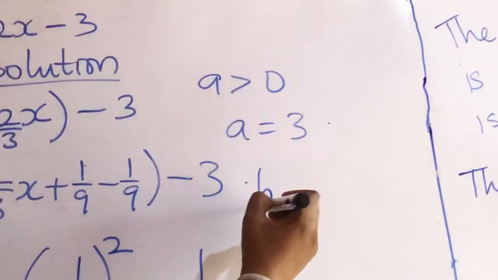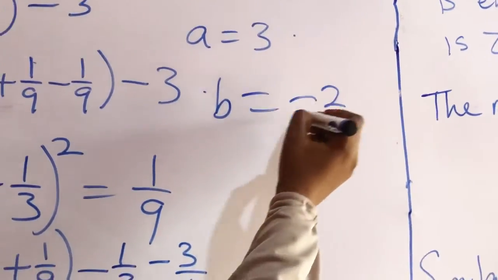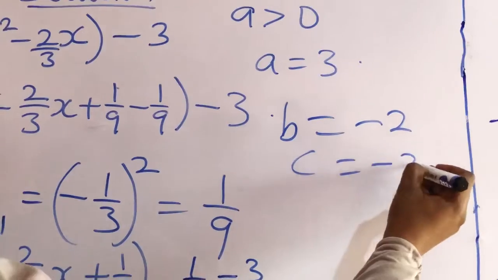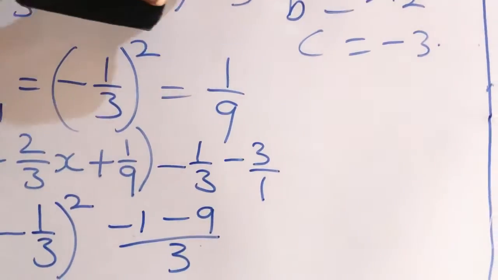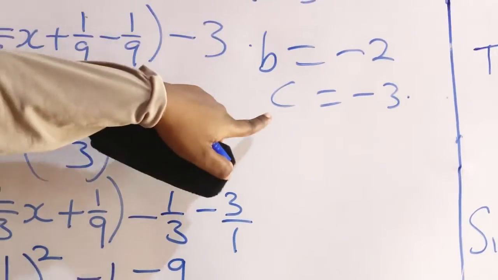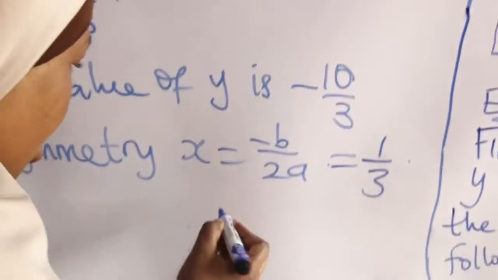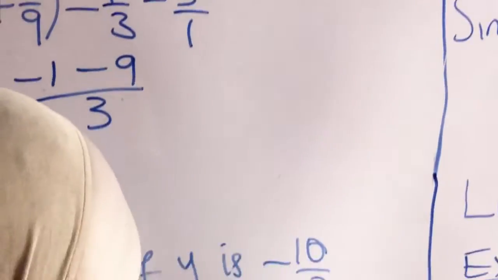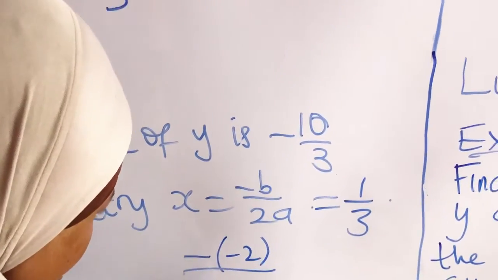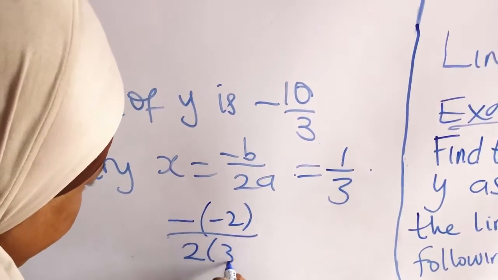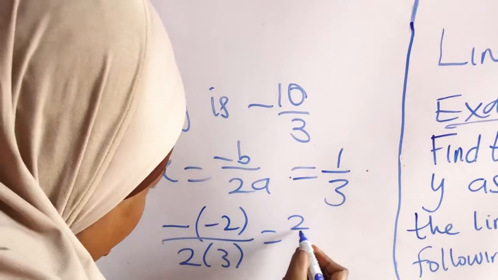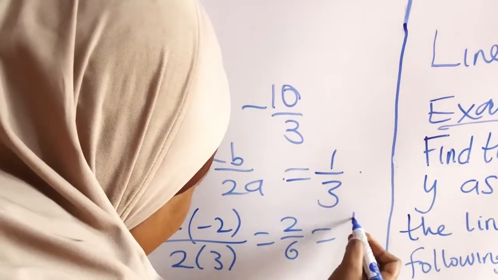Here a is 3, b is minus 2 and c is minus 3. So if you substitute, we have minus multiplied by minus 2 over 2 multiplied by 3. So it's equal to 2 over 6, and the answer is 1 over 3.